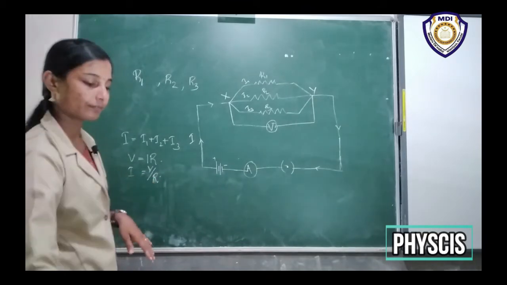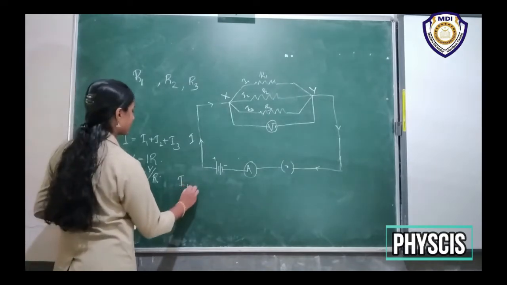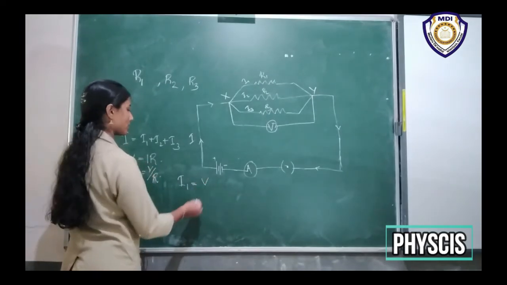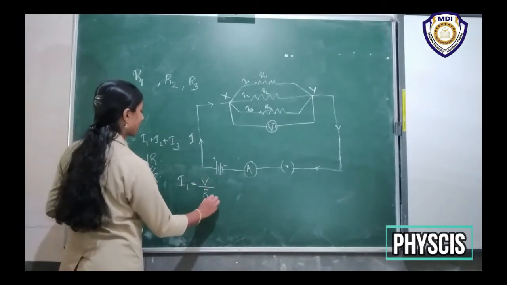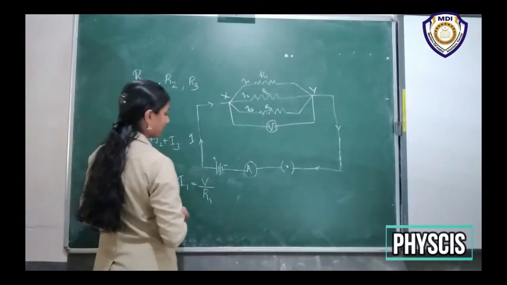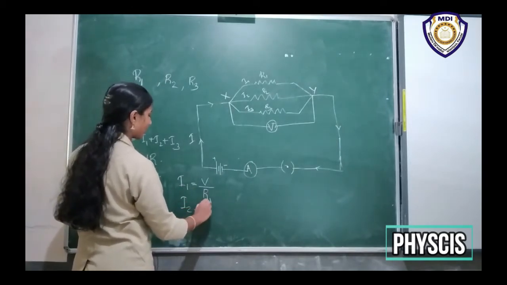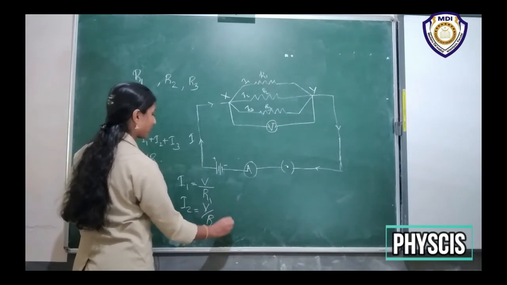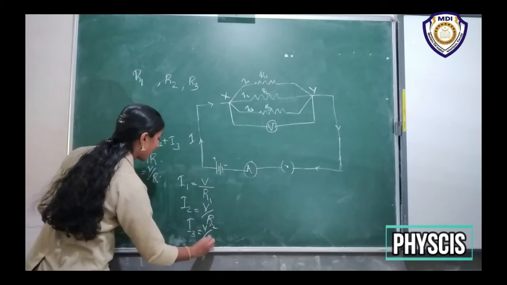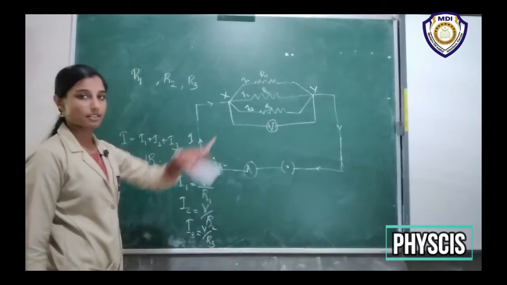So from this we can write I1 is equal to V by R1, where V is constant. I1 is the current flowing through the first resistor. I2 is equal to V by R2, the current flowing through the second resistor, and I3 is equal to V by R3, the current flowing through the third resistor.